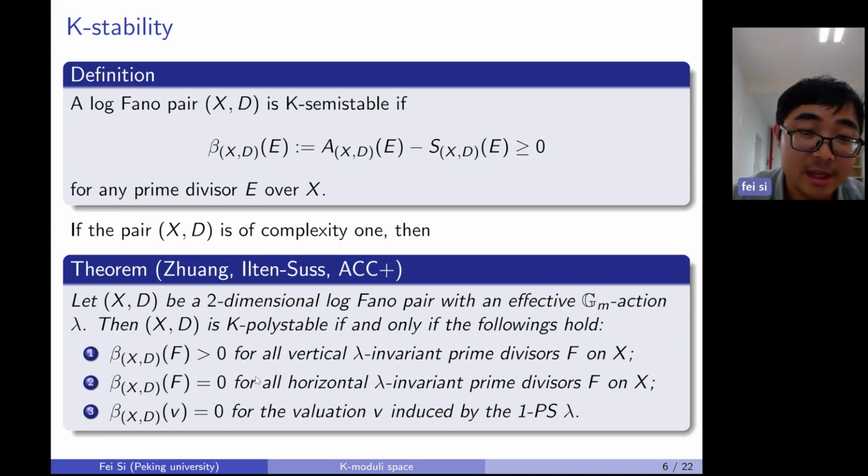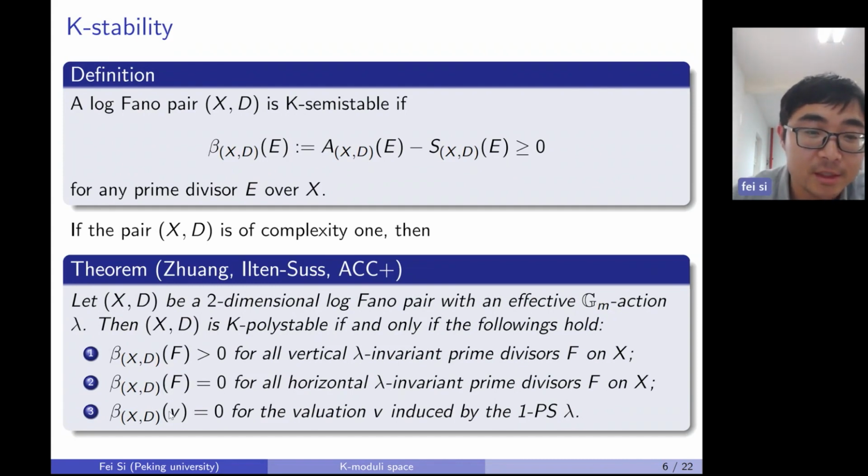The second is that the beta invariant for the horizontal invariant prime divisors vanishes.